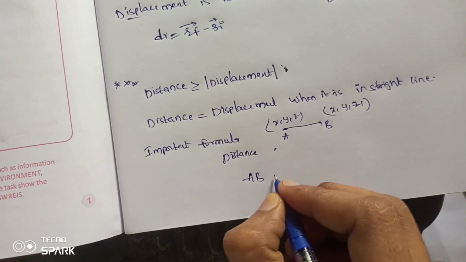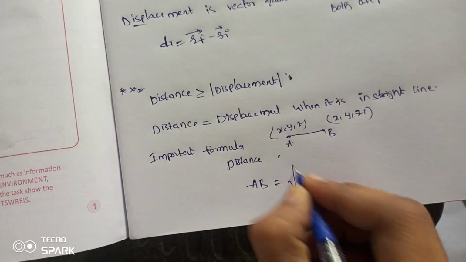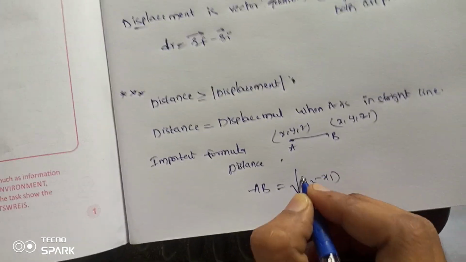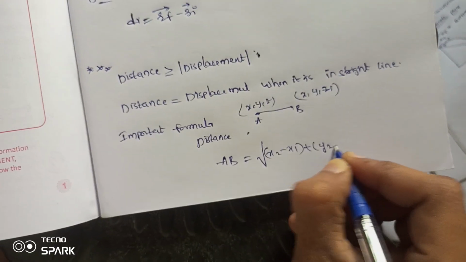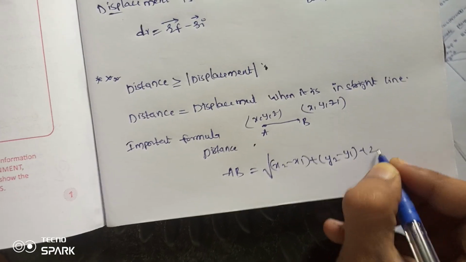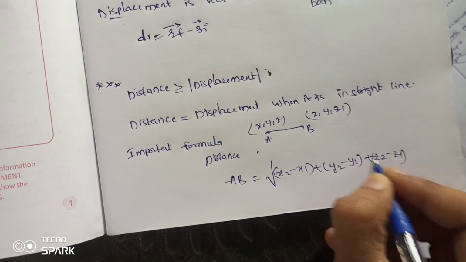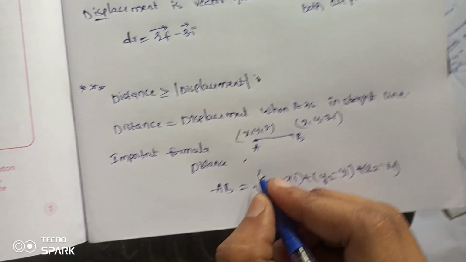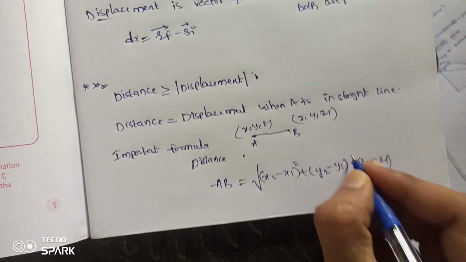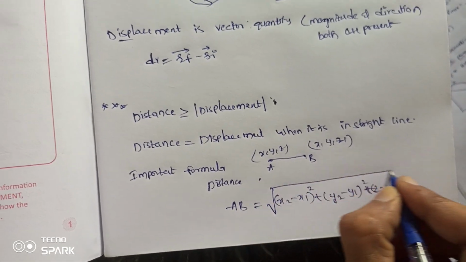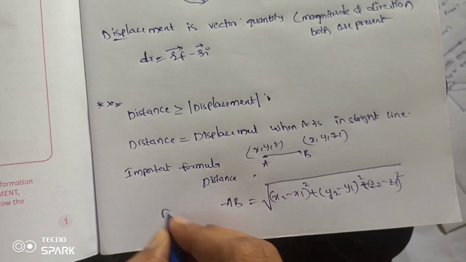The distance between A and B is the square root of (x2 minus x1) whole square plus (y2 minus y1) whole square plus (z2 minus z1) whole square. It is the distance formula.